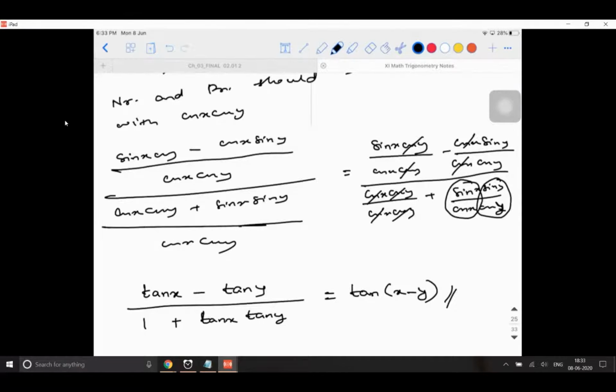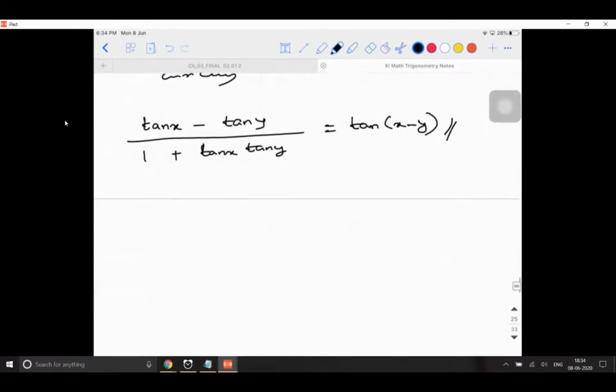So if you're clear with this, let's do a few examples. Now again, if I ask you a question, find the value of tan 75 degrees, what will you do?